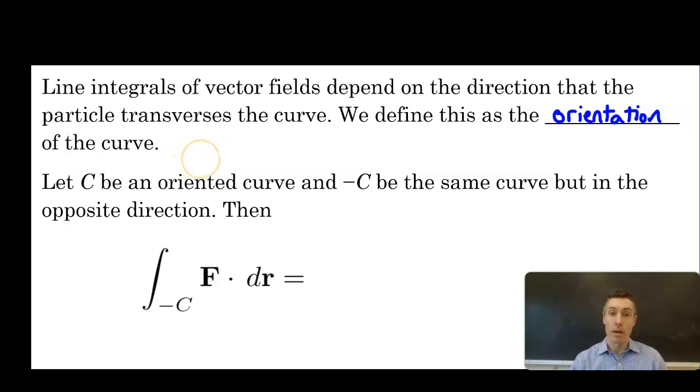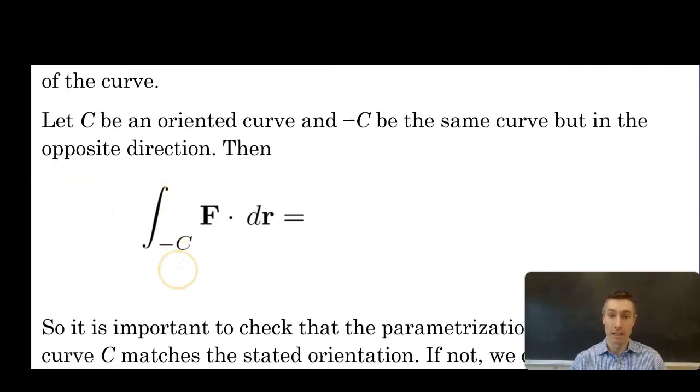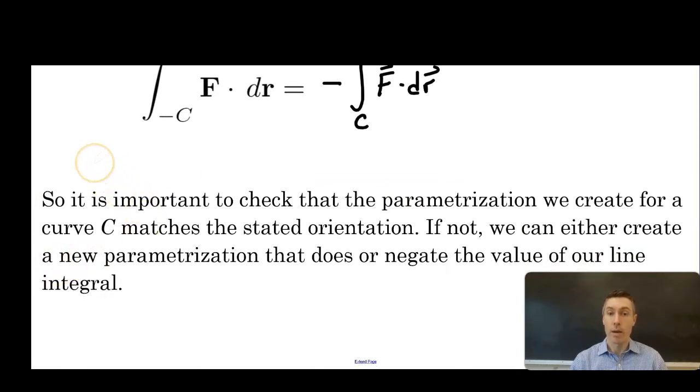Now the nice part about the result we just saw is if C is an oriented curve and -C is the same curve but in the opposite direction, then the integral along -C of f dot dr is just the negation of the integral along C of f dot dr. So it's going to be important to check the parameterization we create for a curve C matches the stated orientation.